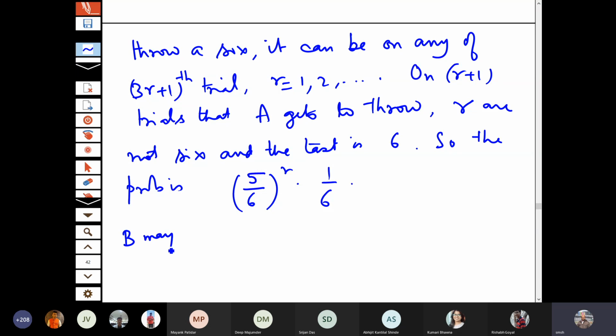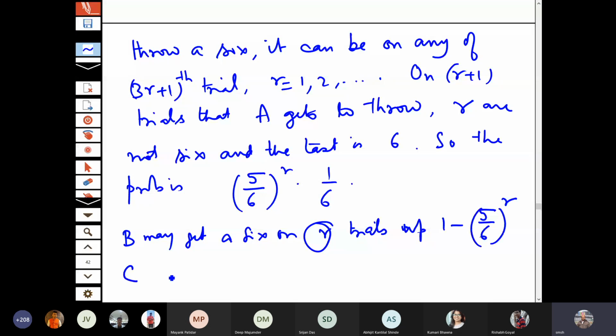B may get a 6 on R trials exclusive for B with probability 1 minus 5 by 6 to the power R, and C may not get any 6 on his R trials with probability 5 by 6 to the power R.